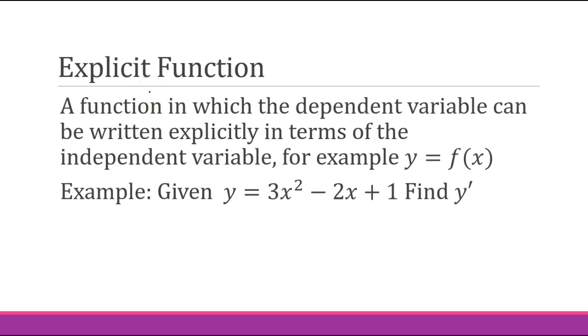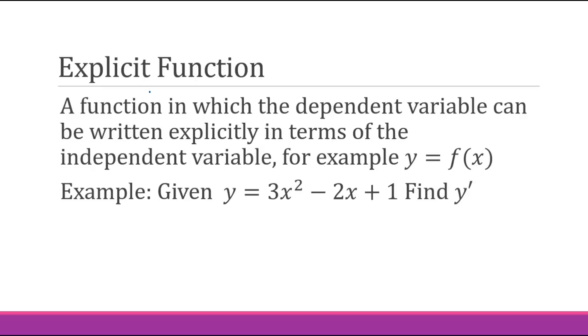Now let's define an explicit function, which is a function in which the dependent variable can be written explicitly in terms of the independent variable. So for example, y equals f of x. So these are the types of functions that we've dealt with in the past. In this example, given y equals 3x squared minus 2x plus 1, find y prime.